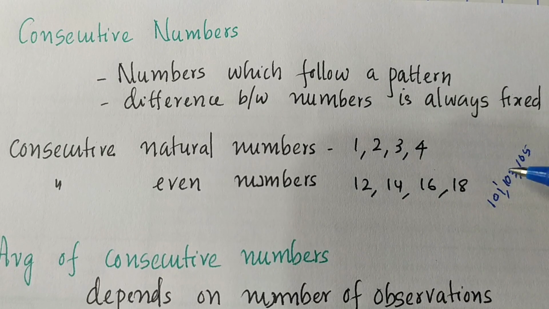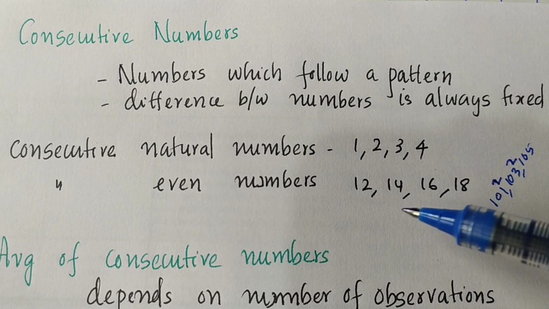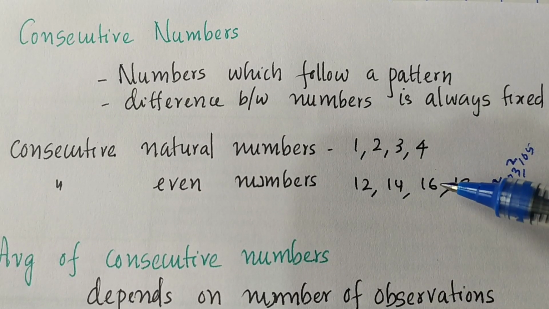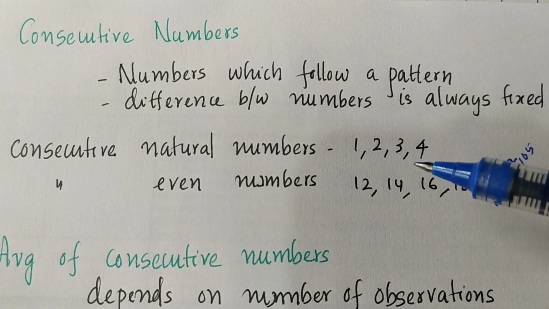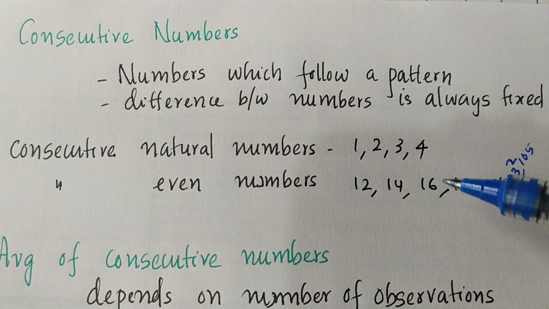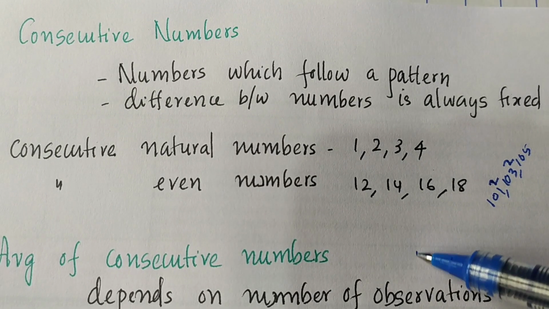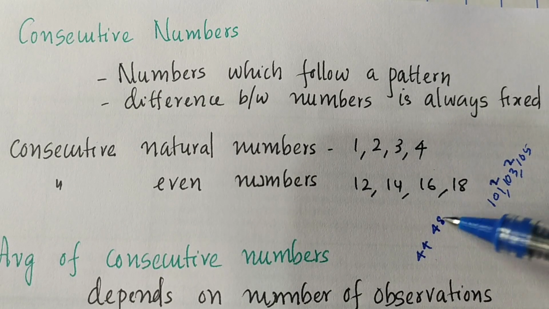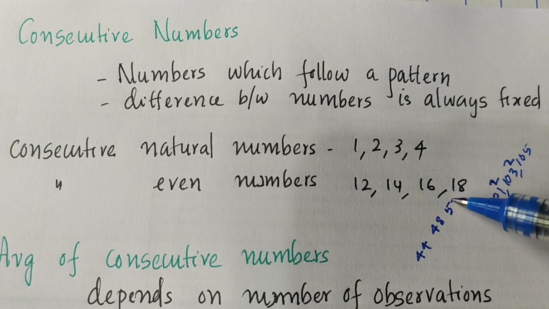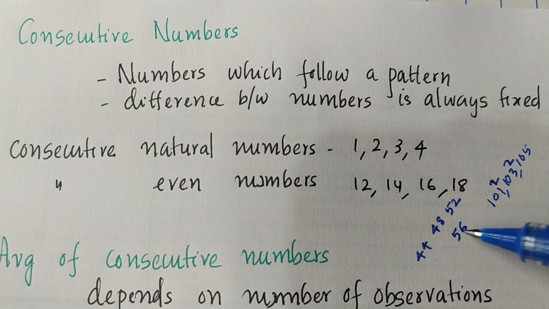The difference between adjacent numbers is always the same. Here it is 2. For even numbers also the difference would be 2. For natural numbers the difference would be 1. So these are examples of consecutive numbers. 44, 48, 52 and say 56.